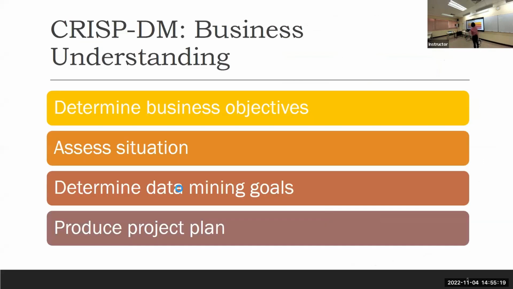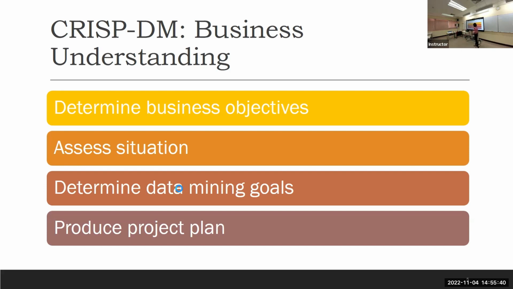So the very first one, business understanding phase. It involves understanding, determining business objective. Actually, not the entire business. It could be just certain problem that you focus or want to solve.